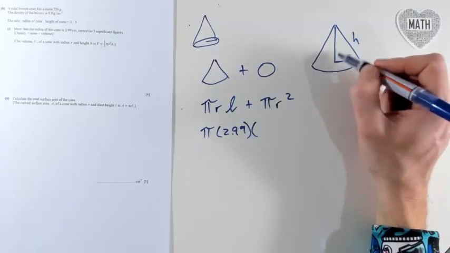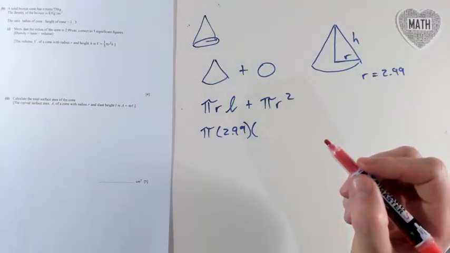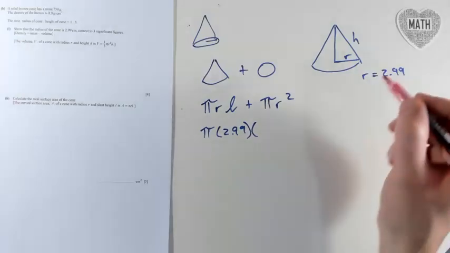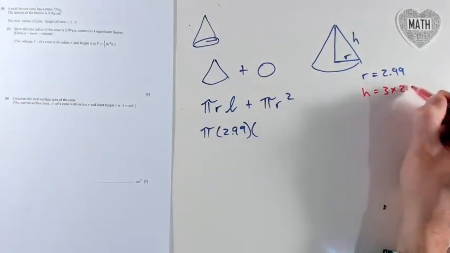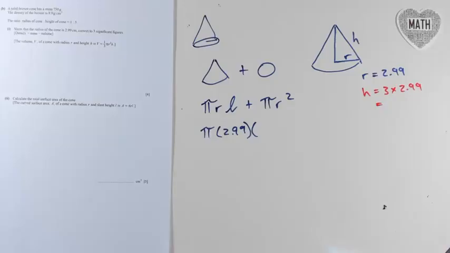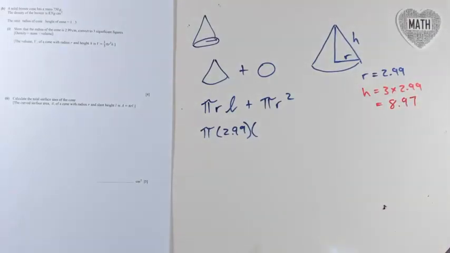We have the actual height. And the actual height was given as 3 times the radius. So that height is going to be 3 times 2.99, which would be, I should be able to do this without a calculator, but anyway, 8.97.